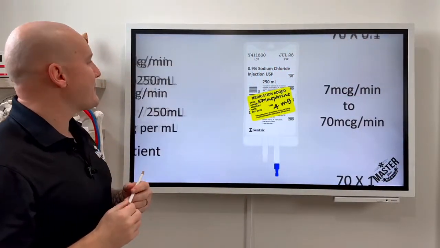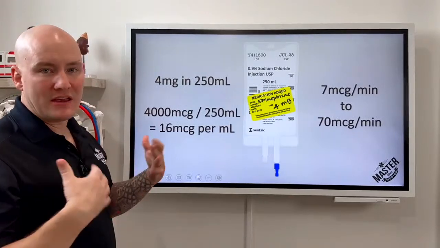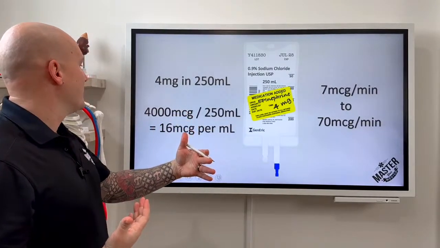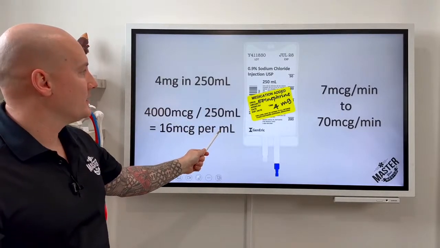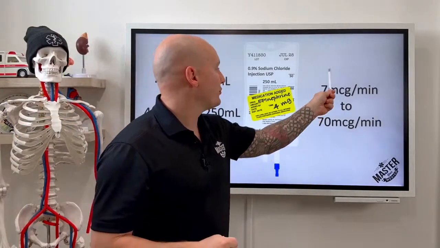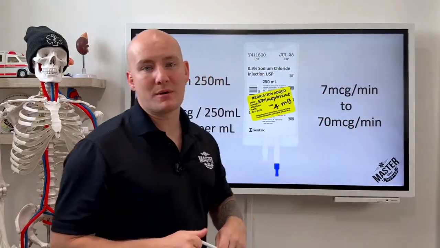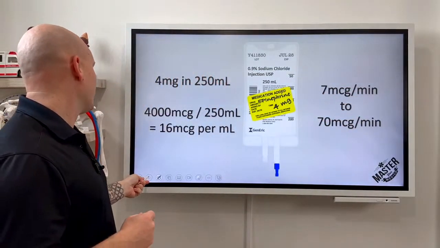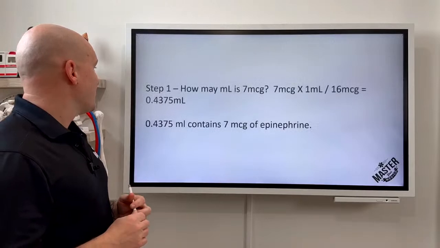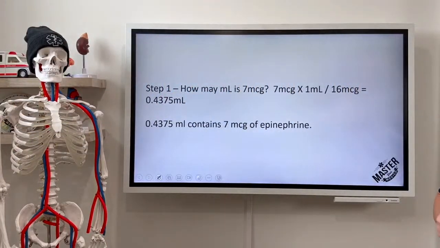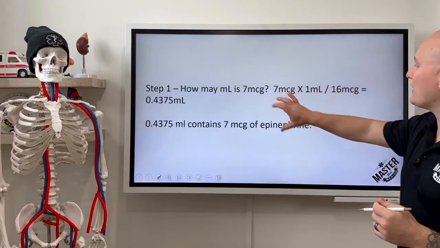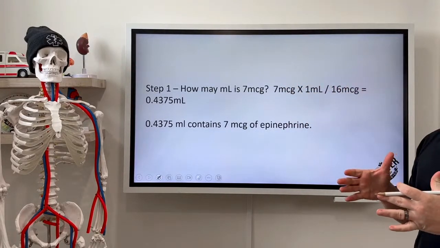So let's talk about the math to figure this out, in case you don't have a pump that's going to do it for you. Let's go back to remembering that we have 16 micrograms per mil. We know that we're going to start at 7 mics, our minimum dose, and do the math for that. So how do you do this? Step one, we need to figure out how many mils are in 7 micrograms given our concentration.